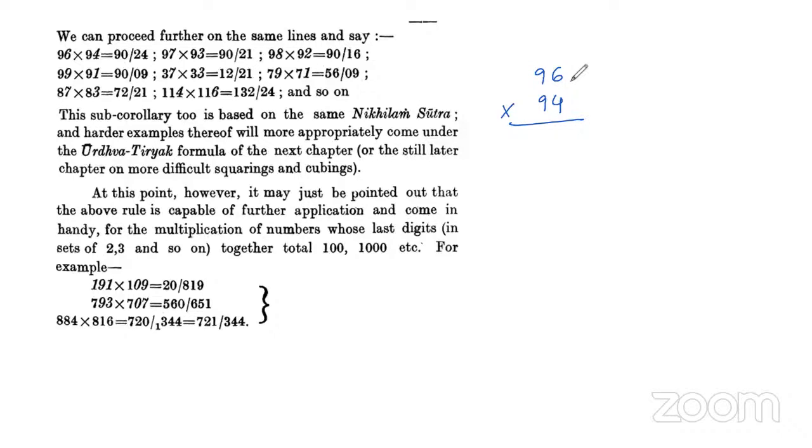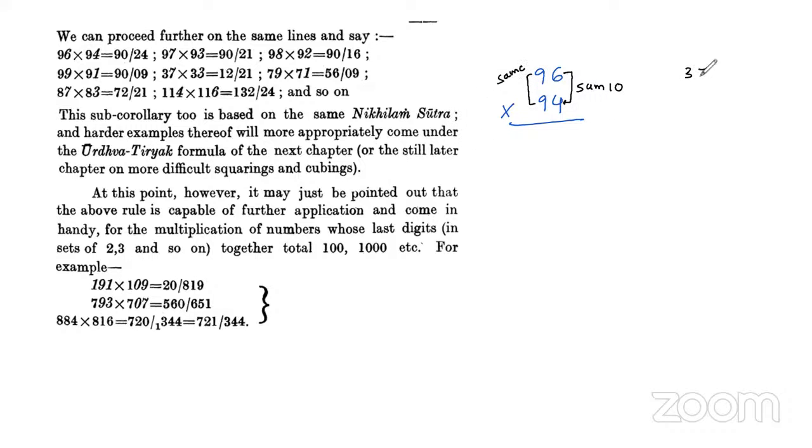What is Antyayor Dashakepi? It means the first unit place sum is 10, and the remaining places must be the same.